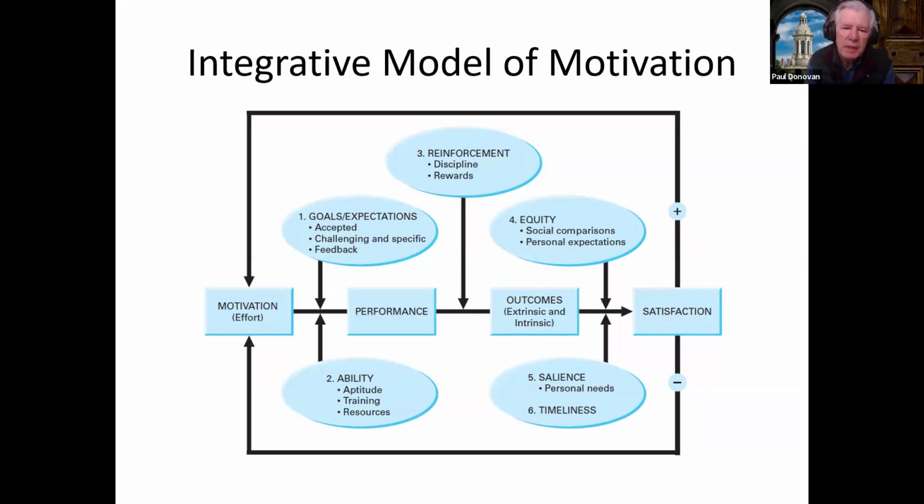The boss, on the other hand, tends to look at this model from the left-hand side, first seeing how can I get the drive and effort from the staff member. Either way, the questions have to be answered.